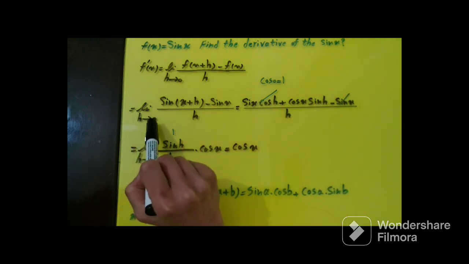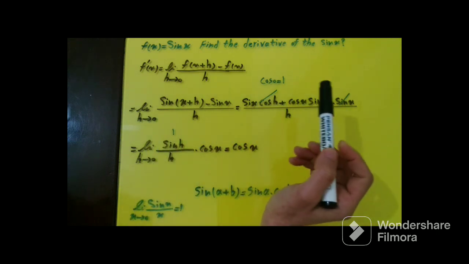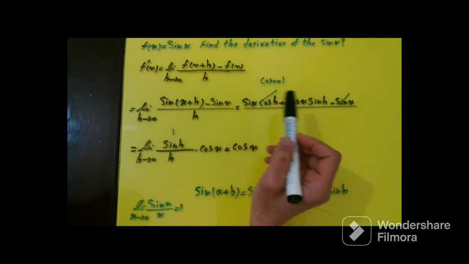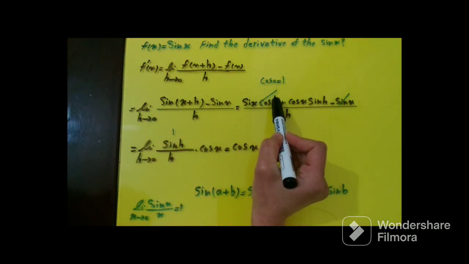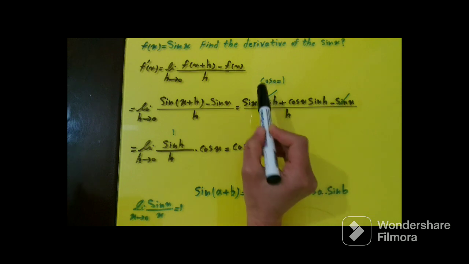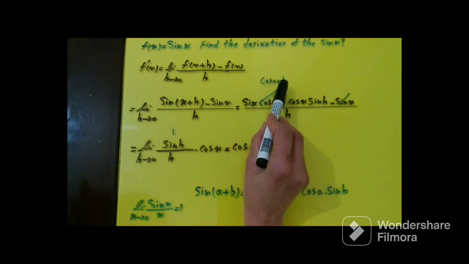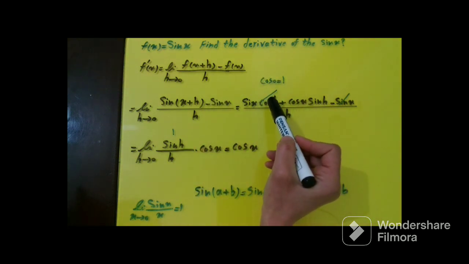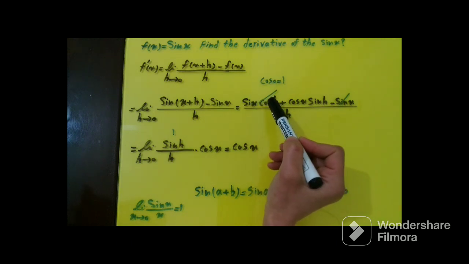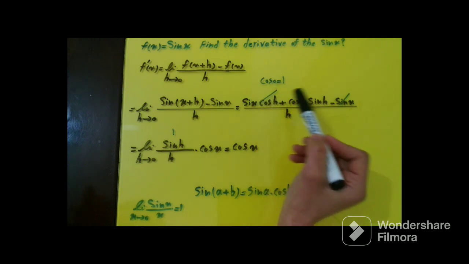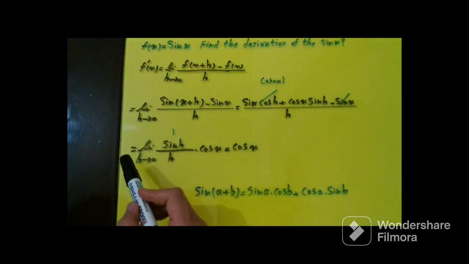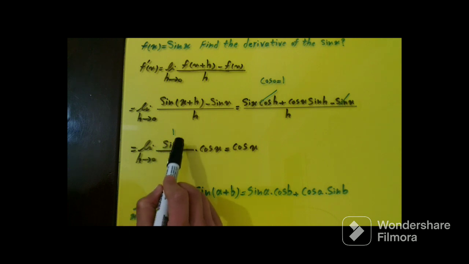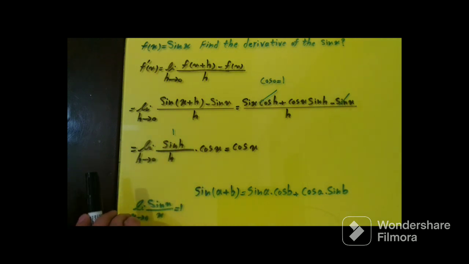As h approaches 0, if we put 0 instead of h, cosine h is 1 because cosine 0 is 1. So 1 times sine x is sine x. We can cross out sine x. So it's limit of sine of h over h times cosine x.